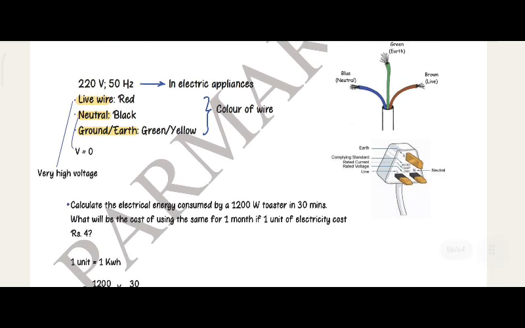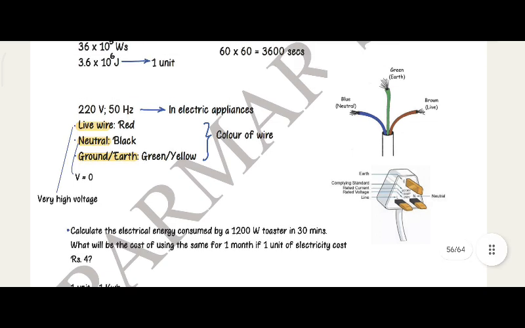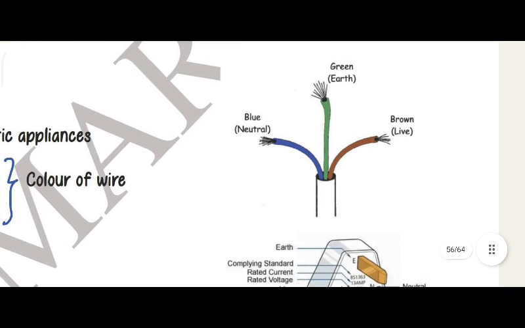220 volts, 50 hertz in electric appliances. Live wire, red; neutral, black; ground or earth, green or yellow. Live wire has very high voltage. Neutral wire, V is equal to 0. Blue neutral, green earth, brown live.